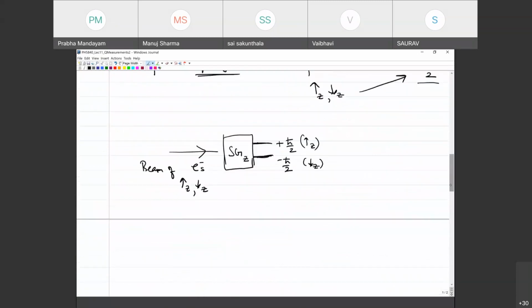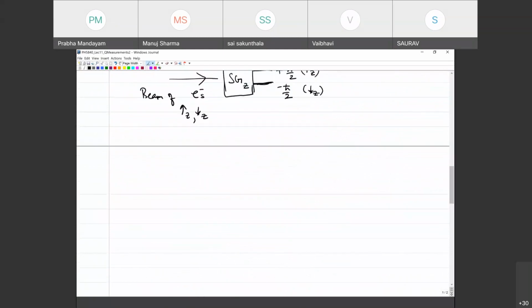Now, what happens if I send a single electron through the Stern-Gerlach setup? So it's just one electron now, right? Now what will happen?